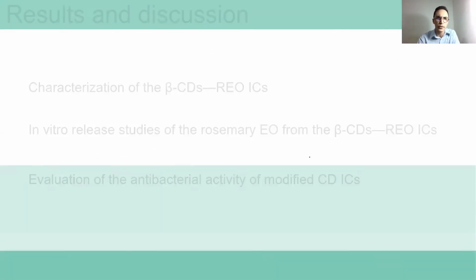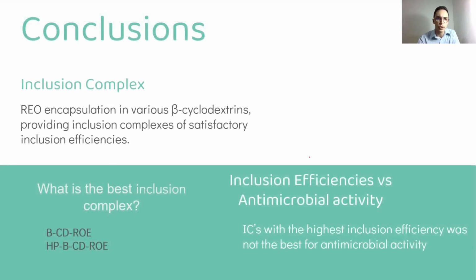And to finalize, the conclusion: rosemary essential oil was encapsulated in beta-cyclodextrin, providing an inclusion complex with satisfactory inclusion efficiency. So the question was answered. What is the best inclusion complex? The best inclusion complexes were beta-cyclodextrin essential oil and hydroxypropyl-beta-cyclodextrin.